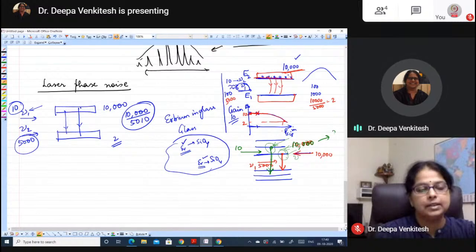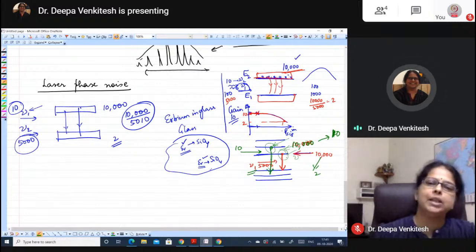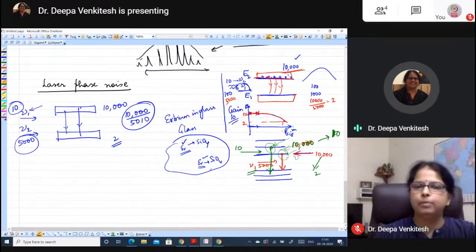So that will still see a gain of 10, whereas this frequency will see a gain of 2, which means the gain saturation actually happens independently. That's the difference between the gain saturation of a homogeneously broadened system and an inhomogeneously broadened system. I hope that clarifies.